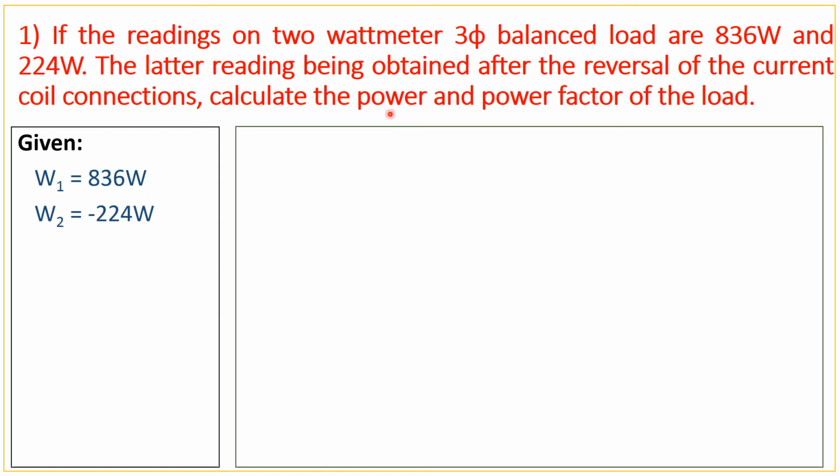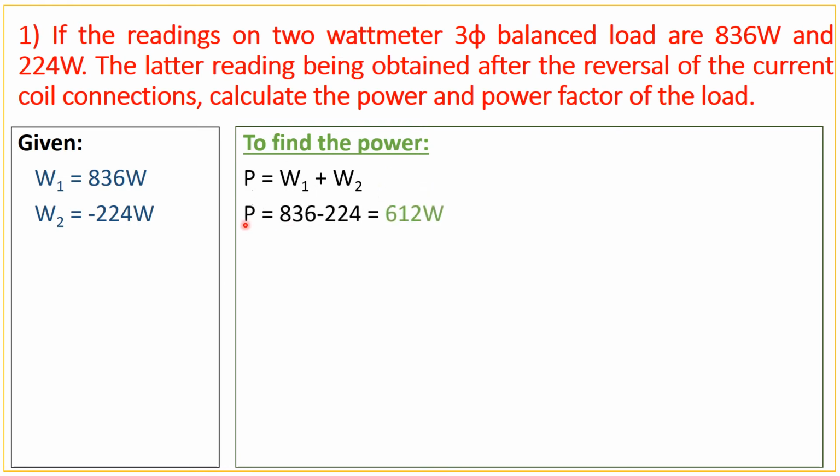Now calculate the power. So you already know that to calculate the three-phase power, we need only 2 wattmeters. So to find the power, P is equal to W1 plus W2, which is equal to root 3 VL IL cos phi, right? So power P, directly I will get as W1 plus W2.